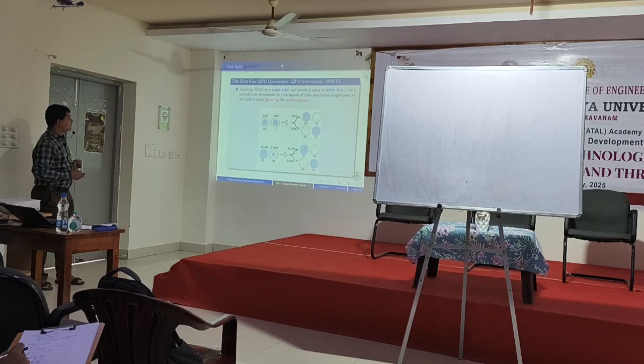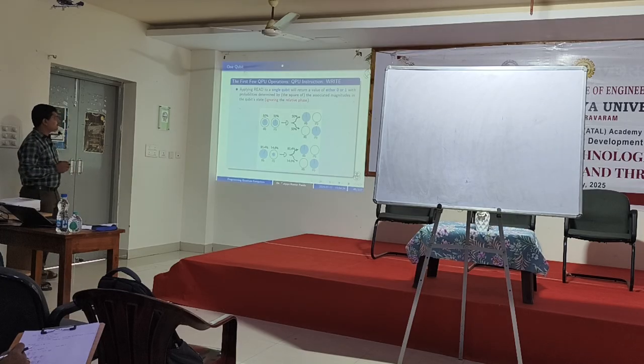Similarly, somebody can say that I have 85.4% probability of this state, 14.6% probability of the other state. Still, if you apply read, finally it will give you either 0 or 1. So this is treated as 0 and this is treated as 1, right?